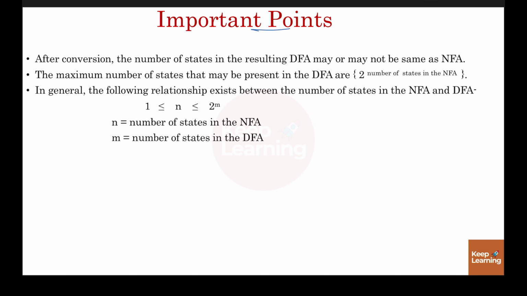Now some important points. After conversion, the number of states in the resulting DFA may or may not be same as NFA. So we have seen it in last question, in fourth question. The number of states in NFA was 2, and in DFA we got 3 states. So it is not always the case, but it may happen. Okay, so maximum number of states that may be present in the DFA are 2 power number of states in the NFA.